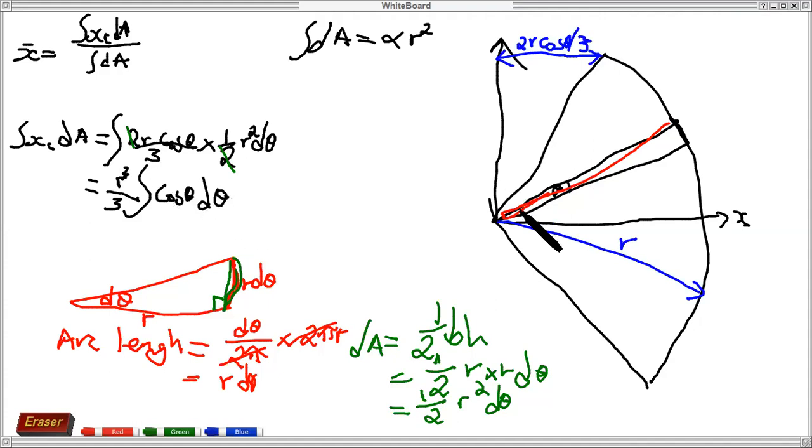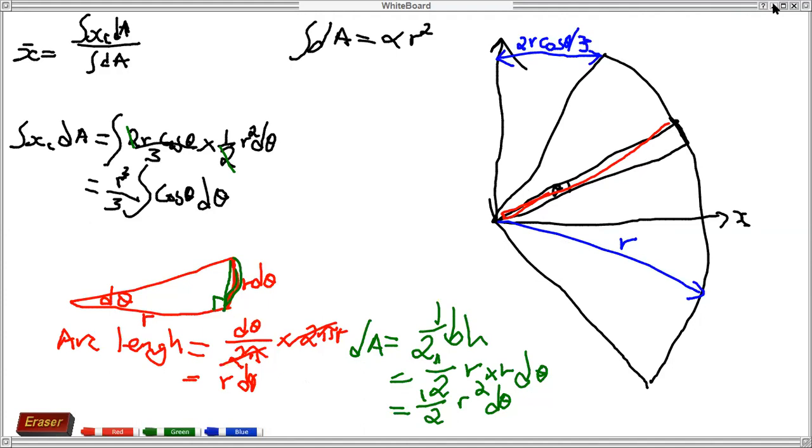When we are integrating here, we are integrating with respect to the angle, because this portion will be moving around until it covers the entire area. So it will start from this line to this line.